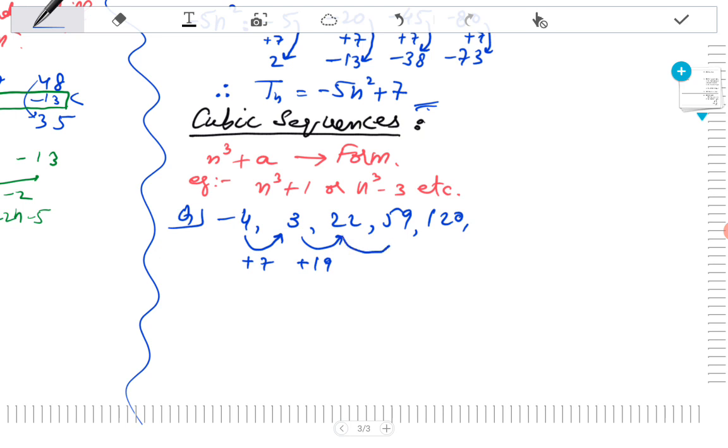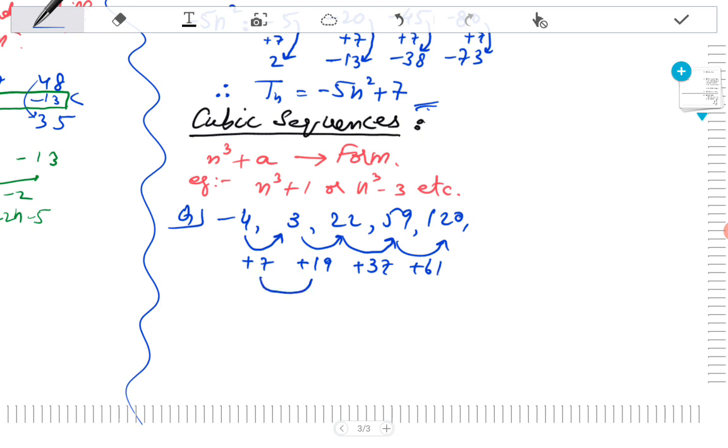And then 59 minus 22, 37. And then 120 minus 59 gives us 61.